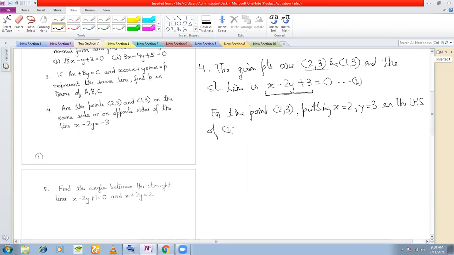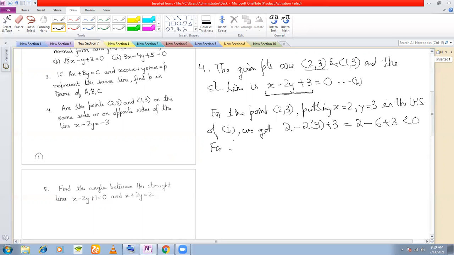In the LHS of 1, we get 2 minus 2 into 3 plus 3. Now we only need the sign of this, right? 2 minus 6 plus 3, so this is 5 minus 6, which is obviously less than 0, right?